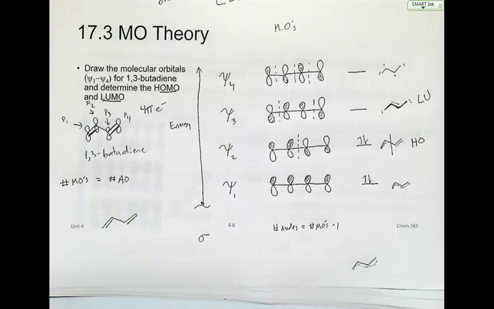Why do you think that those frontier orbitals are important in terms of chemical reactions? If you think about it, the highest occupied molecular orbital, those are going to be the highest energy level electrons. Those are the ones that are most likely to go somewhere, right? To form a covalent bond. And where will they be able to go to?